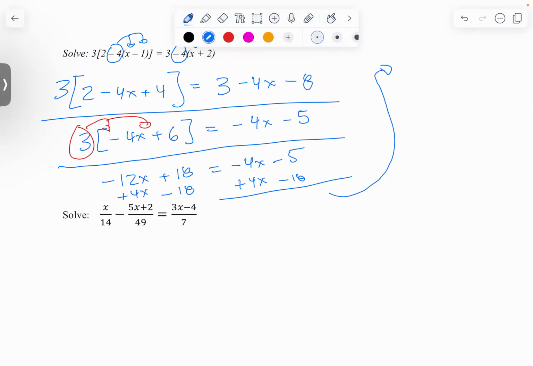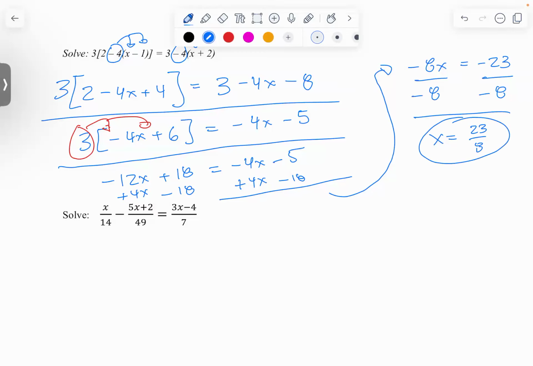So, all right, that gives me -8x on the left side and -23 on the right side. Divide both sides by -8 and x equals 23/8. It does not matter if the solution is an integer, a fraction, crazy decimal, okay? Just a number.